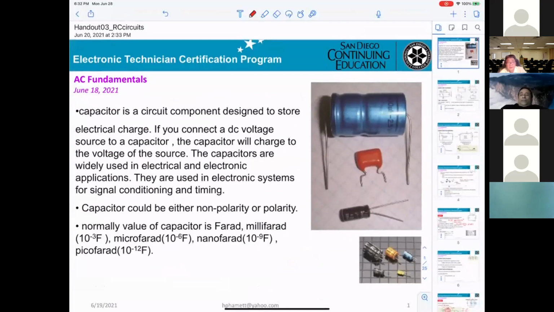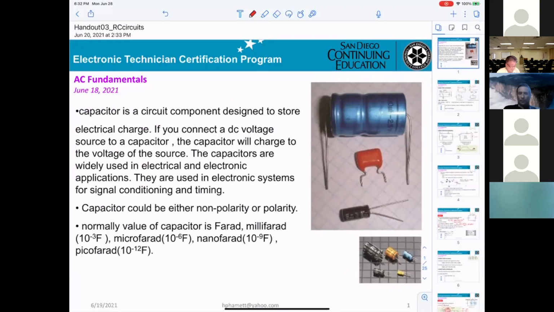Okay, so I will try to go over it quickly. If you get a basic understanding of the capacitor and resistor circuitry, then later on you won't have much problem with the inductor and resistor.